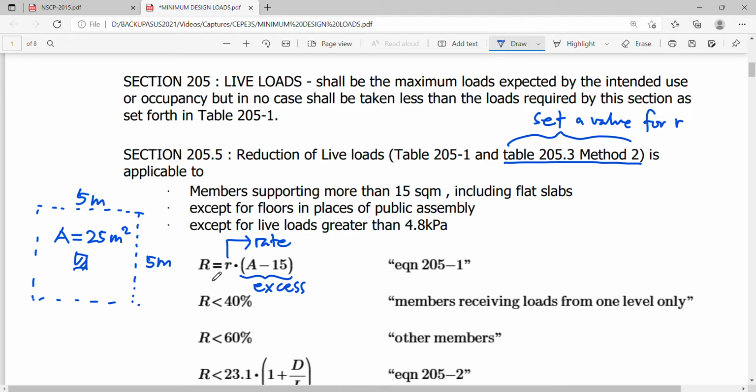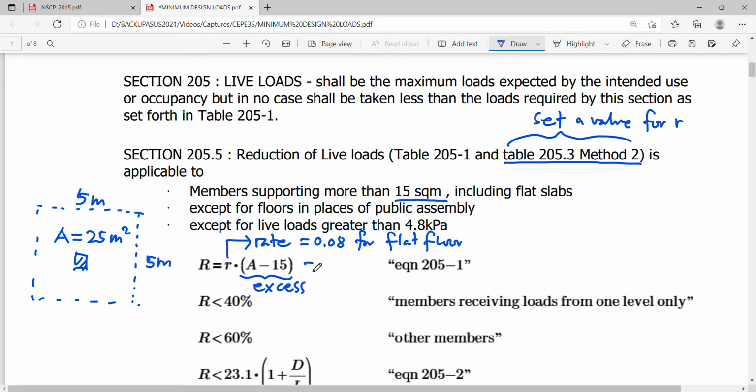Okay, so if I want to compute this reduction, I simply multiply the rate, say 0.08 for flat roof or flat floor. Then I simply take the excess of the area 25 from this 15 square meter that was set as a reference.